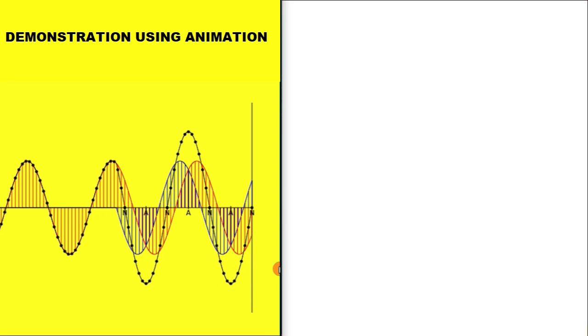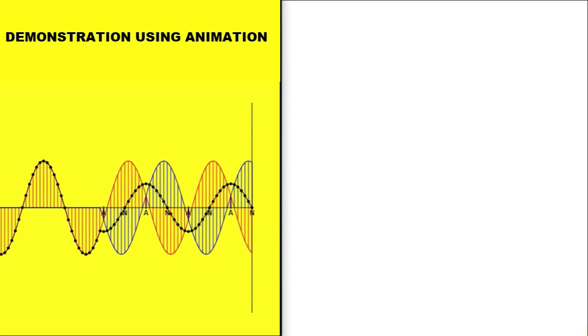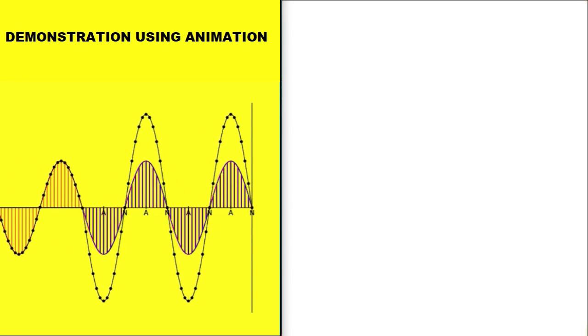The red wave that is going from this direction to this direction is the incident wave. This blue wave coming from the boundary towards this direction is the reflected wave. And this black wave that is generated is the standing wave.